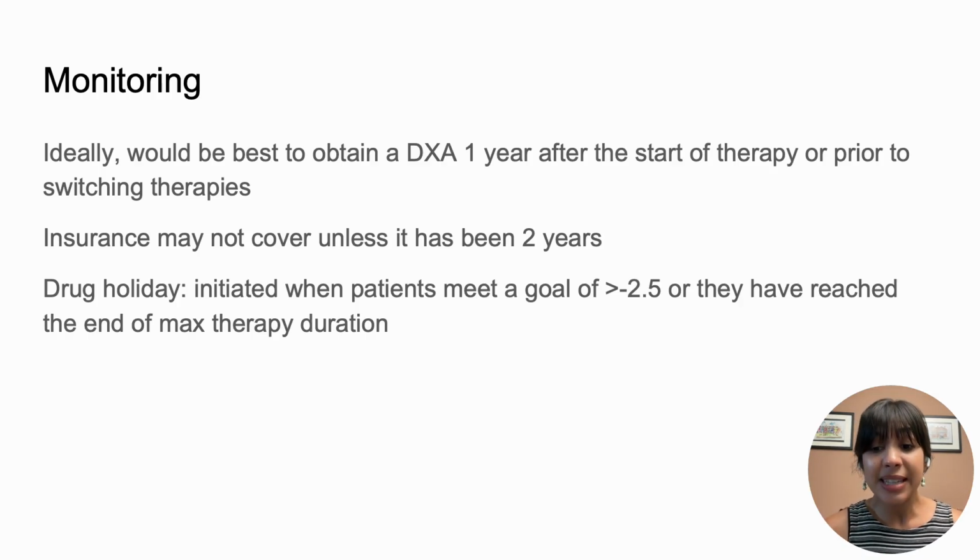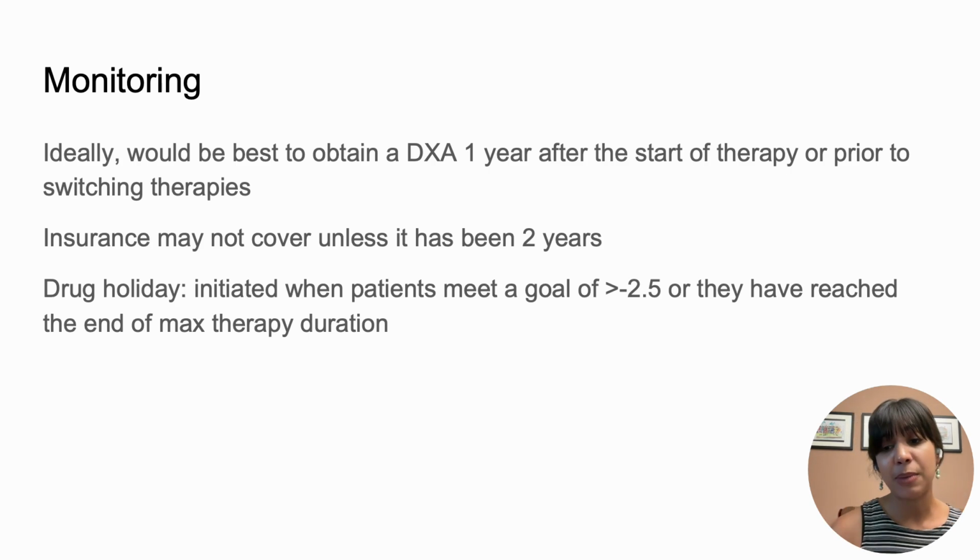And then when to stop these drugs. We gave some durations with some of these drugs, but it is important to initiate that drug holiday. All these medications, for the most part, aren't meant to be lifelong, unless you're talking about lifelong denosumab treatment. Sometimes with raloxifene, you may have to treat for longer, but for most of these drugs, you do want to initiate a drug holiday, and that's usually initiated when the patient meets a goal of a T-score greater than -2.5 or has reached the end of max therapy duration and it may not be safe to continue beyond that time.